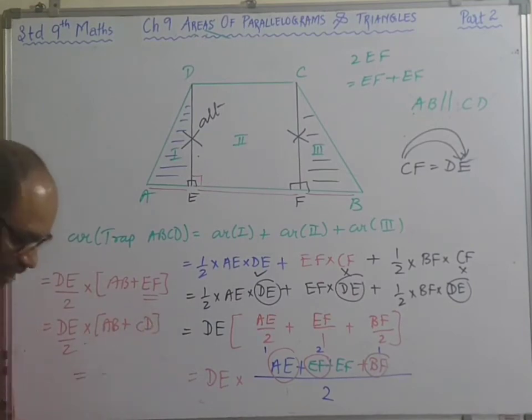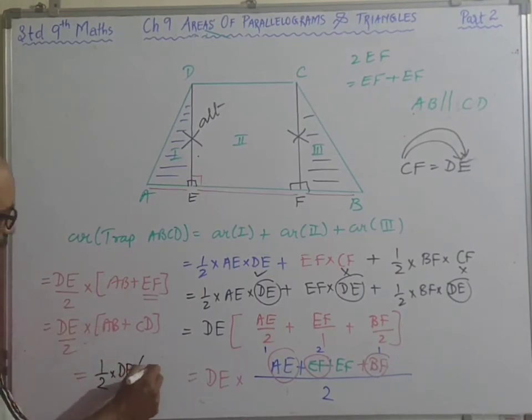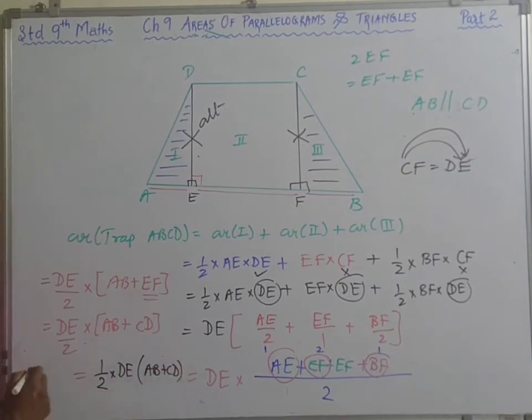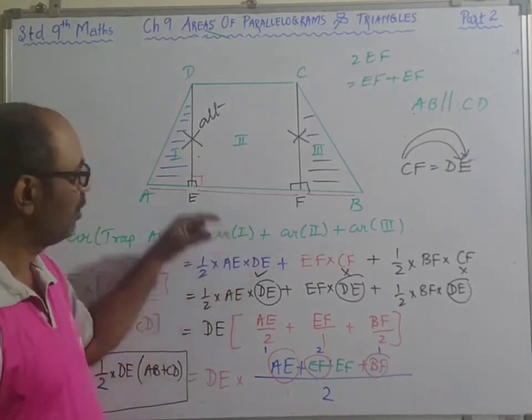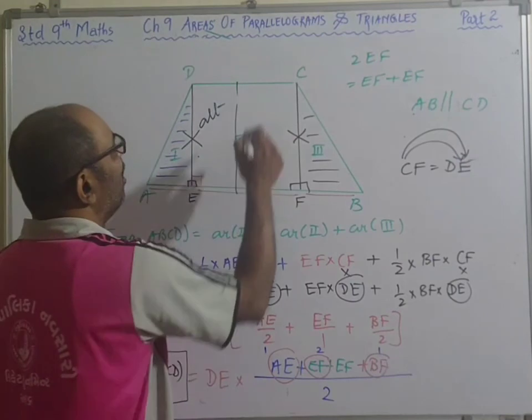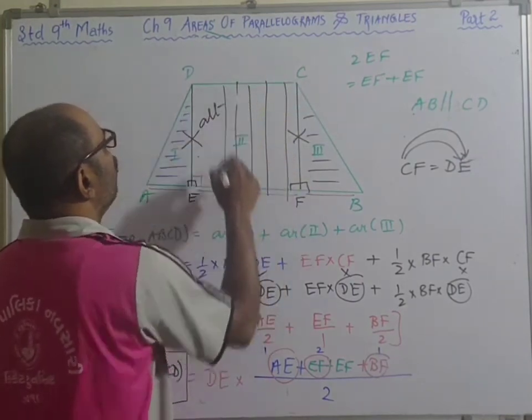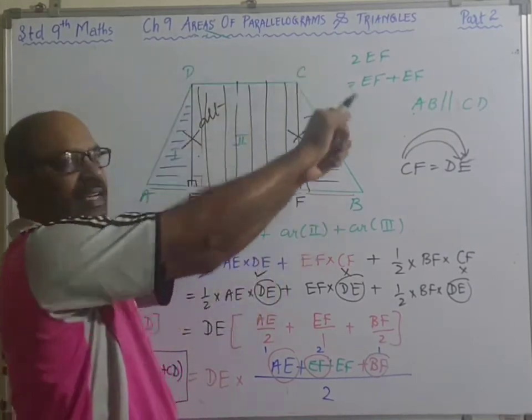Alright children, this is the formula. I am writing half into altitude into AB plus CD. That is area of trapezium ABCD. Got it children? अब जरा उसको बराबर समझ के मेमोराइज करो. Half into altitude. That altitude is perpendicular distance between two parallel sides. जो भी parallel side है उसके बीच perpendicular distance same रहेगा because AB and CD are parallel sides.